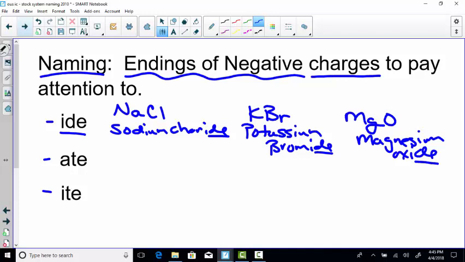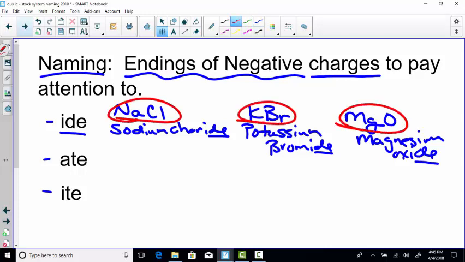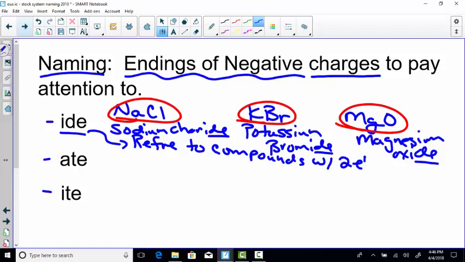So what do all of these have in common? What they all have in common is that they are just 2 elements. They're a positive ion and a negative ion, or a metal and a nonmetal. So ides refer to compounds with 2 elements. Okay, so that's the first thing.